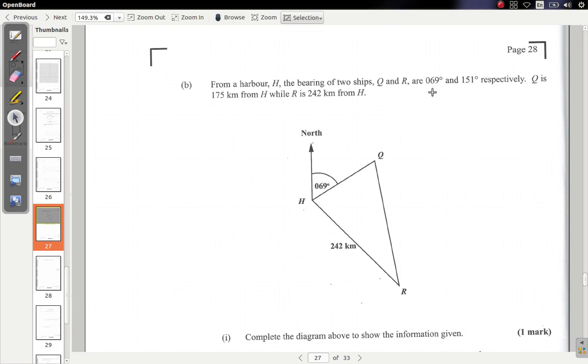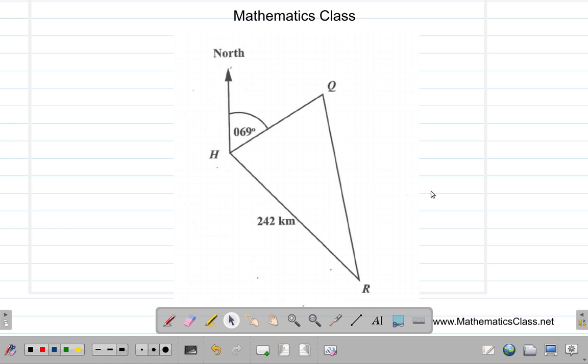From H, the bearings of the two ships Q and R are 069 and 151 respectively. So the bearing of R from H is 151, which means you measure from north in a clockwise direction. So the bearing going right round would be 151 degrees.